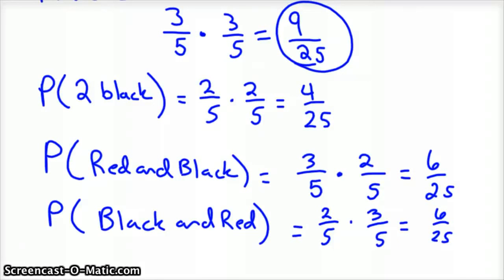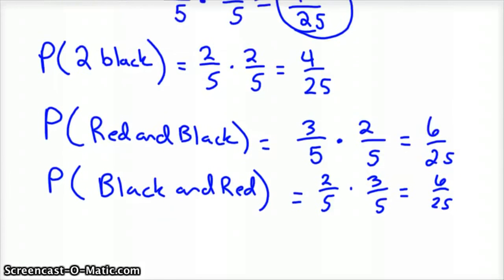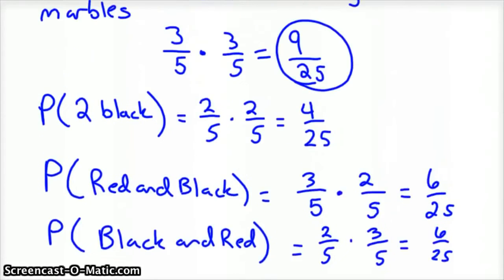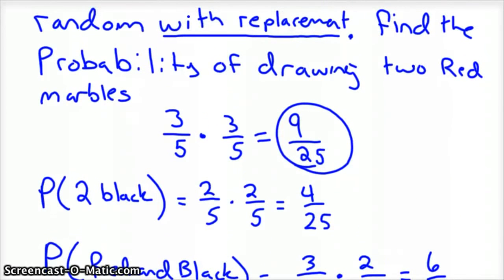But if I want the red specifically first and the black specifically second, it's only 6 out of 25. And so you want to be real careful with that kind of stuff. And that's what makes this so fun to me, because it's so challenging. Granted, I'm giving you somewhat easy examples, but they can get really ugly in a real hurry.